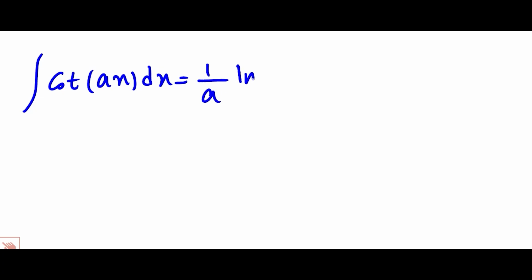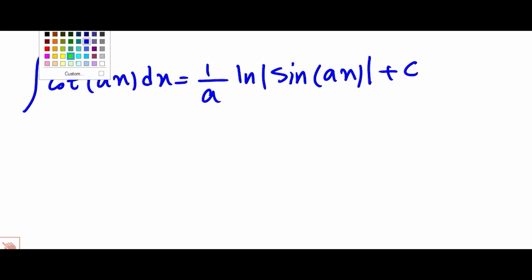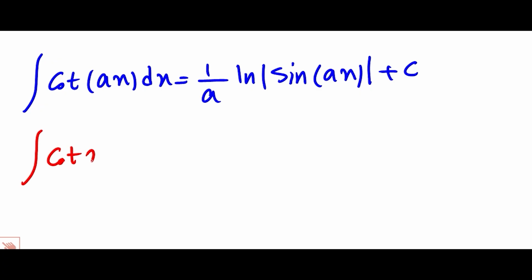Or the integral of cotangent of ax dx equals 1 over a ln of the absolute value of sine of ax plus c. And as you know, the integral of cotangent of x dx equals ln of the absolute value of sine of x plus c, right?